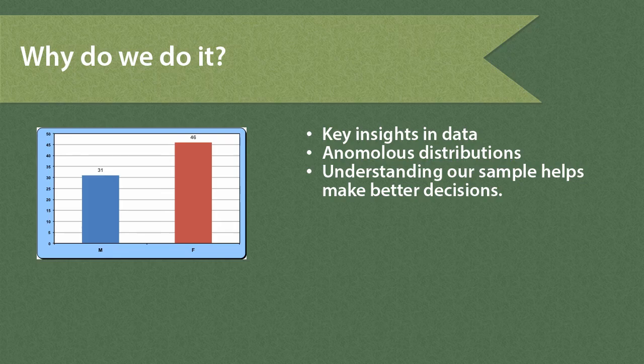So when we do this descriptive analysis for categorical data, what are we looking for? Why do we do it? Well, descriptively, we're looking for key insights in the data. If the demographics of a market, for example, is skewed toward one particular category or another, that's going to affect things like the way we market and advertise. Also, if there's something anomalous in the distribution, such as a very low frequency in a particular category, we might want to note that and eliminate that from our sample.